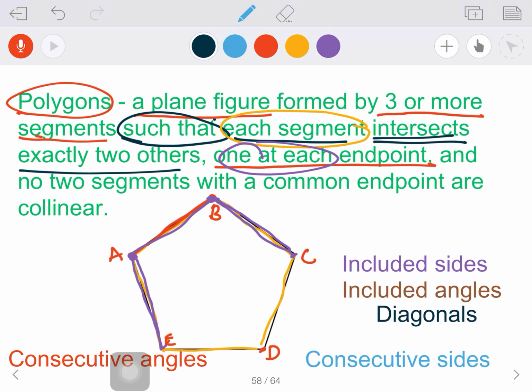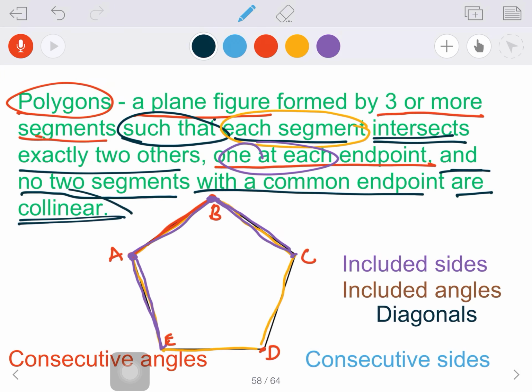And the last, no two segments with a common endpoint are collinear. When you say collinear, they belong in one line. So we're referring, again, to AB. It says here no two segments with a common endpoint. So, for example, say AB and AE, because they fit the description.